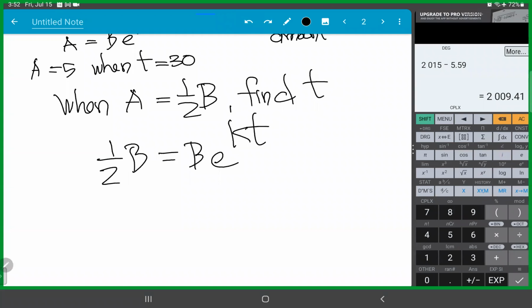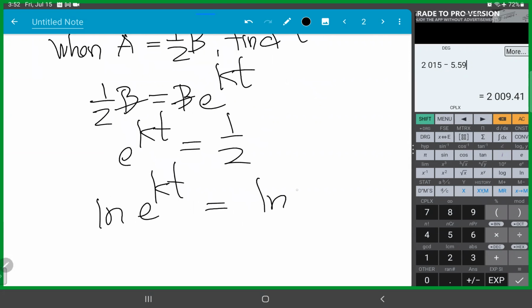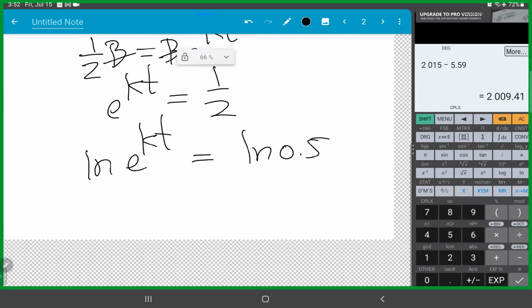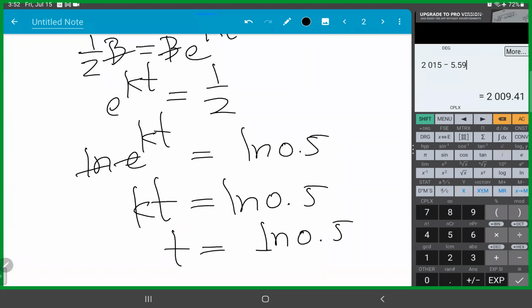Kahit ano yung initial amount niyan, laging pareho yung half-life. Then you take the logarithm of both sides, and then e cancels out. t equals ln 1/2 over k.